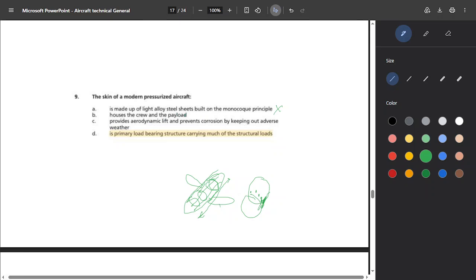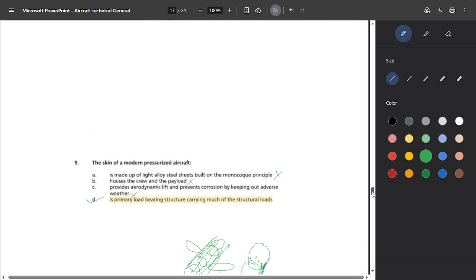B, houses the crew and payload. Basically it is not the case because the whole structure is going to do that. C, provides aerodynamic lift and prevents corrosion by keeping out adverse weather. Adverse weather is right, but provides aerodynamic lift is not very much related. D, skin is primary load bearing structure carrying much of the structural load. D is the correct answer.